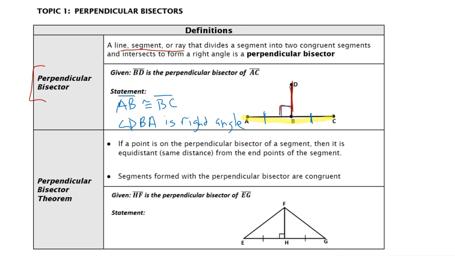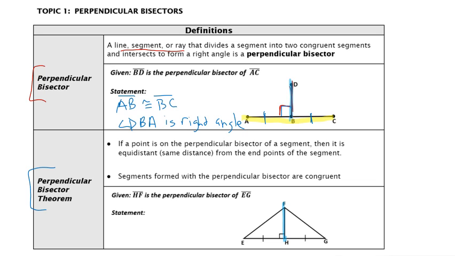If we have a perpendicular bisector, we can use the perpendicular bisector theorem. So if we have our perpendicular bisector, and in this case it was DB, for this example here it's FH or HF.